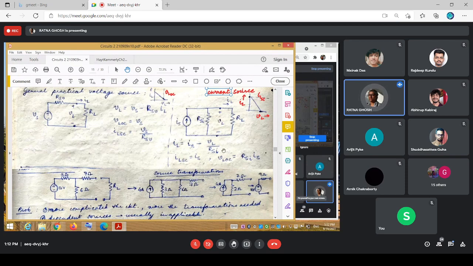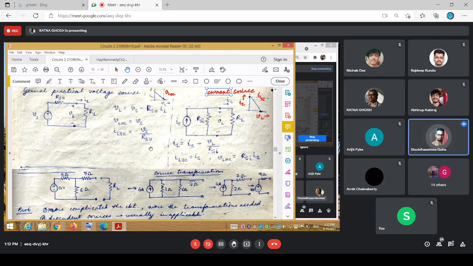And VLOC, with this open circuited, would be whatever is the drop across this one, so this into this. So that would be the characteristics. These are the characteristics of the general practical voltage source and general practical current source, and you would have the same kind of relation apart from these two basic characteristics being different.